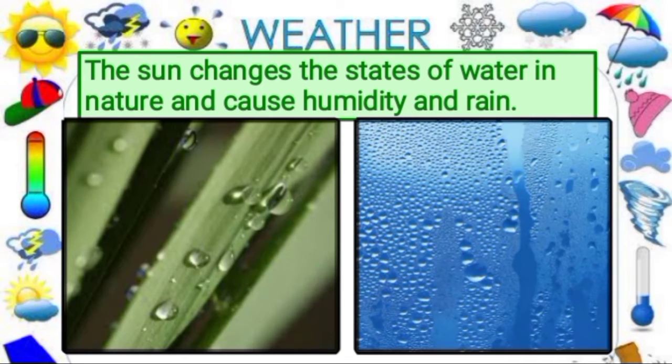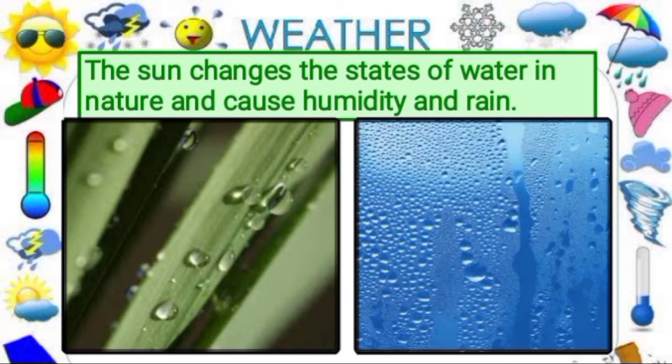Water vapor rises up and condenses on dust particles present in the air into tiny droplets of water. As more water vapor is formed, more and more water droplets come together to form a cloud.